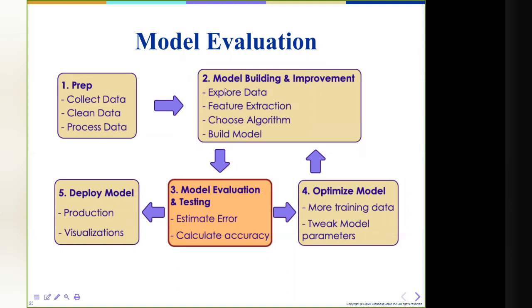Again, all of this we have done already. So the next step is I'm going to build a model. We will look at this in detail later, but let's say we actually built a model. How do we test my model? That's called model evaluation. How do I know my model is correct or accurate?